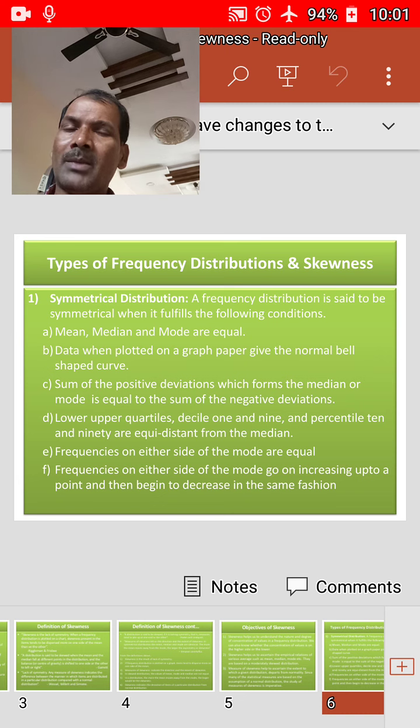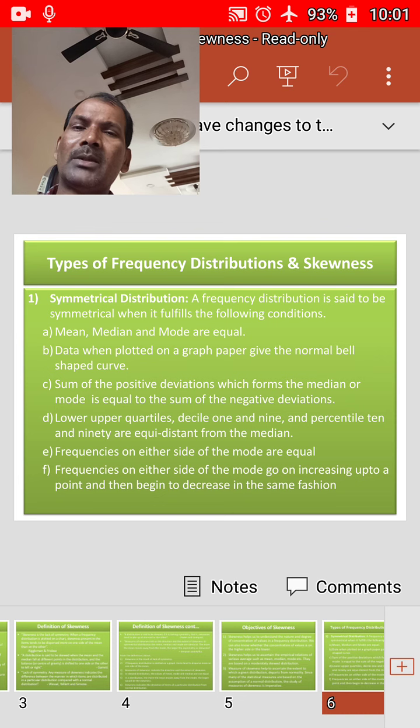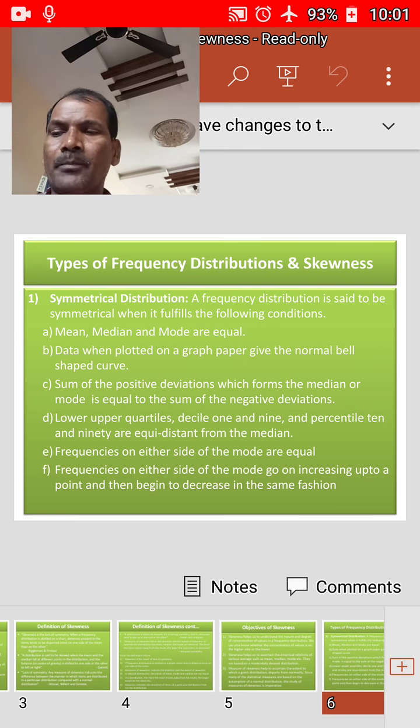Median is located in between these two. Median can be called the second quartile, Q2, also. Hence they are equidistant from the median, and decile 1 and ninth decile are equidistant from the median. The 10th percentile and 90th percentile are equidistant from the median in a symmetric distribution.